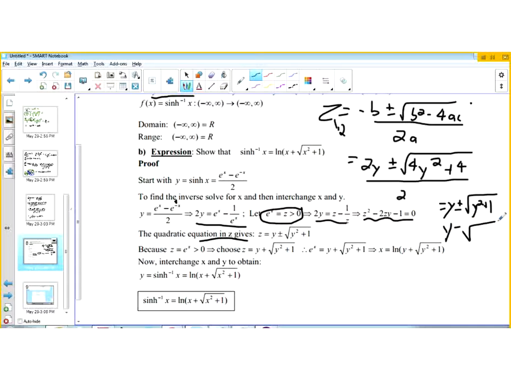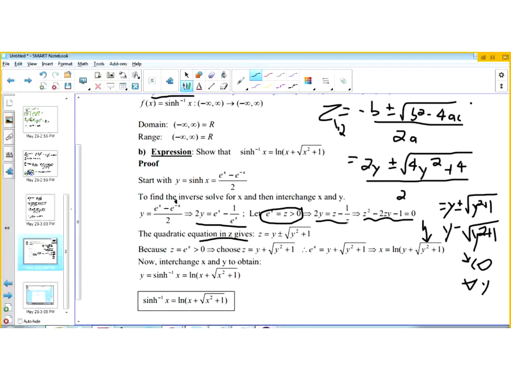So we know then that this number is less than 0. And if you need convincing, just go ahead and graph it. Change y to x and graph it, and you'll see that it's never above the x-axis. So this is always less than 0 for all y. Okay, so that means we reject this solution.